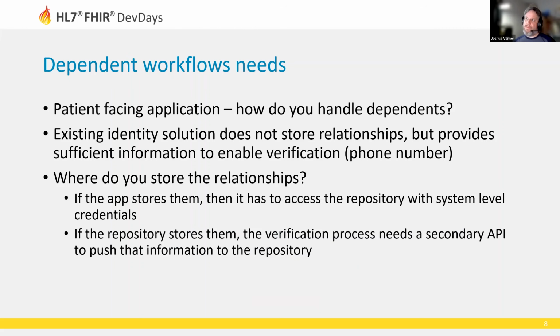But even more than exploring the mapping piece and whether or not you're going to have the same set of patients, this is a patient-facing application where they're not only able to see their own information, but they need to be able to see their dependents' information. Again, their existing identity solution doesn't have any of those relationships saved.